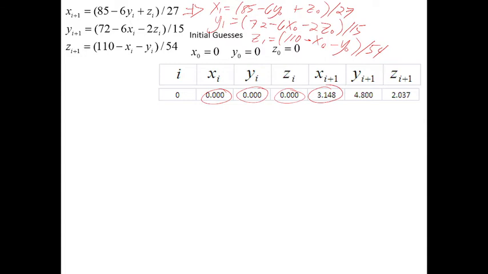So we have 4.8. Next we have z sub 1. For i equals 0, this is 0 plus 1, z sub 1. So 110 minus x sub 0, which is 0, minus y sub 0, which is 0, over 54. So we have 110 over 54.